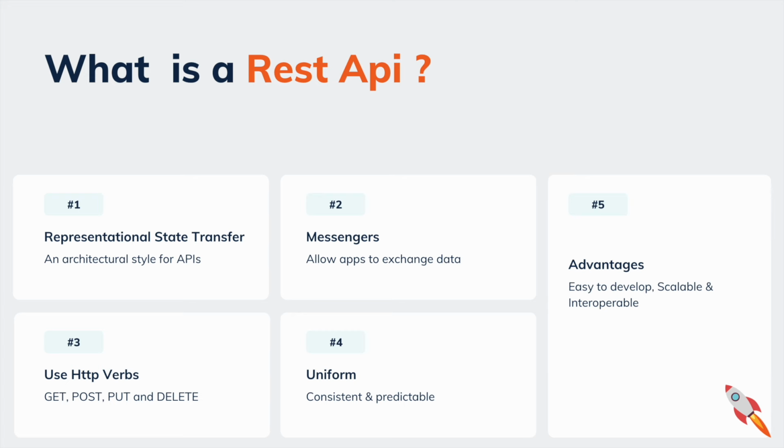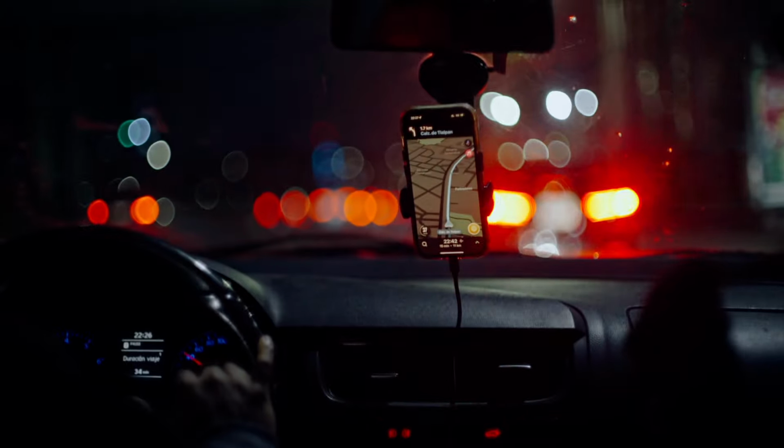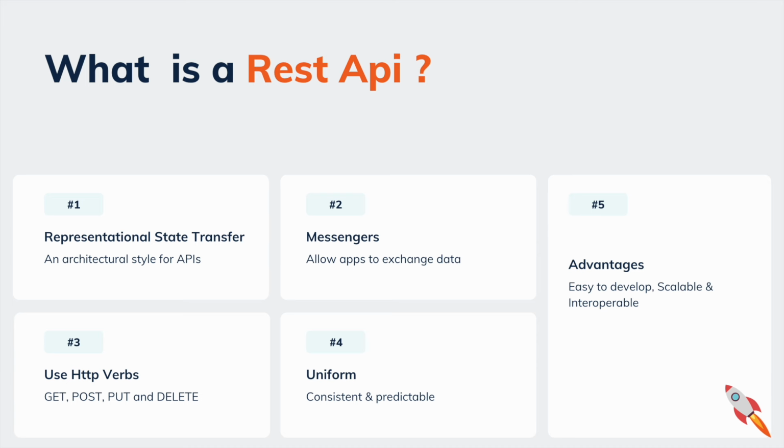Or even online maps, like Google Maps. They offer REST APIs that allow embedding maps into websites or applications. Ever booked a ride with Uber? Then you will know what I'm talking about. Or even payment processing, where many e-commerce websites or apps like Amazon use REST APIs to connect with payment gateways like PayPal or even UPI to process customer payments securely.